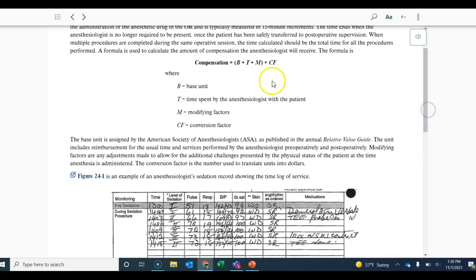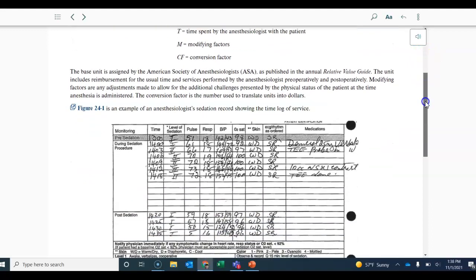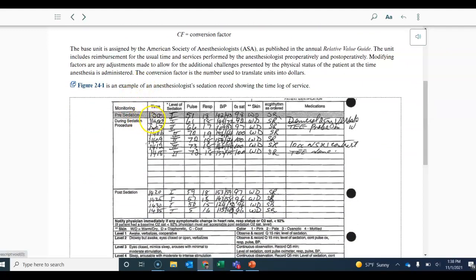So the way that an anesthesiologist is reimbursed is their base unit plus the time plus any modifying factors. They come up with a number there, and then there's a conversion factor based on the type of surgery. So you'll see, here's where they do the pre-sedation.